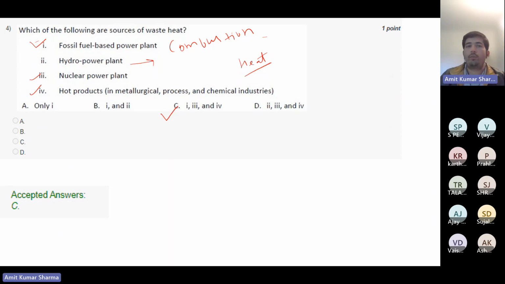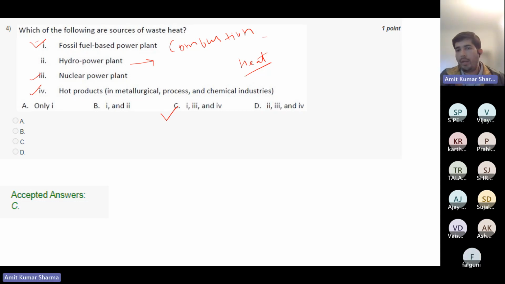But if you are using solar thermal, then solar is renewable, but still you are converting solar to thermal, then there is a chance of waste heat recovery. So we can use that. Okay, thank you. So the main point is that don't think that renewable sources don't generate waste heat.